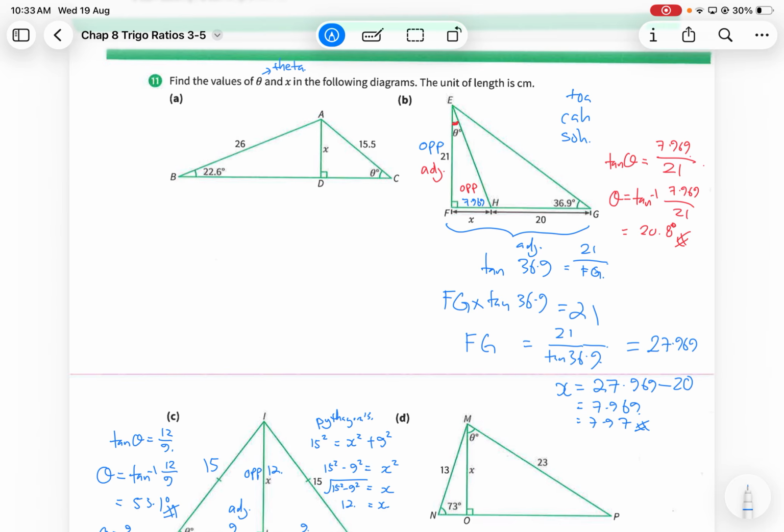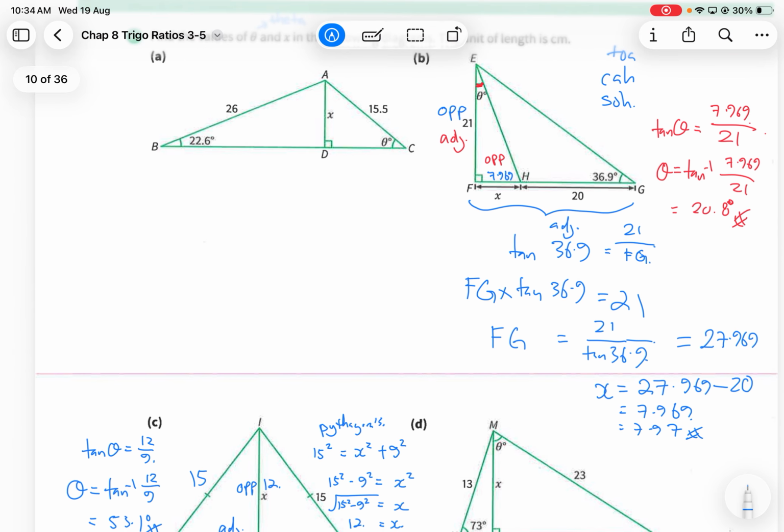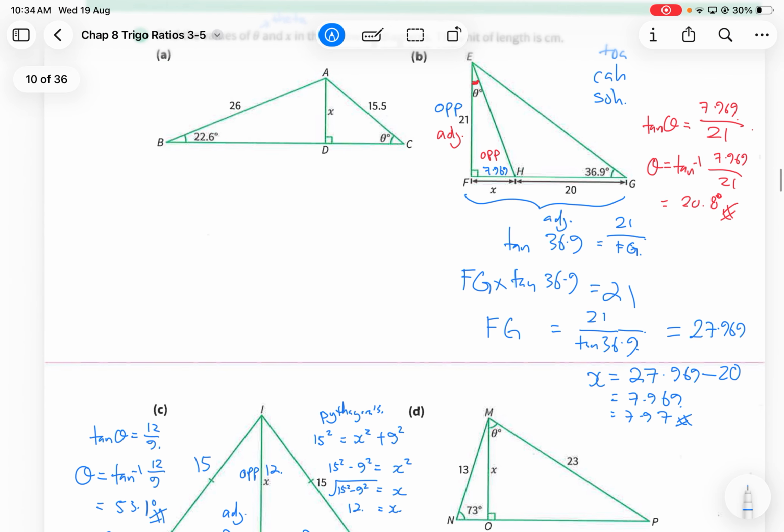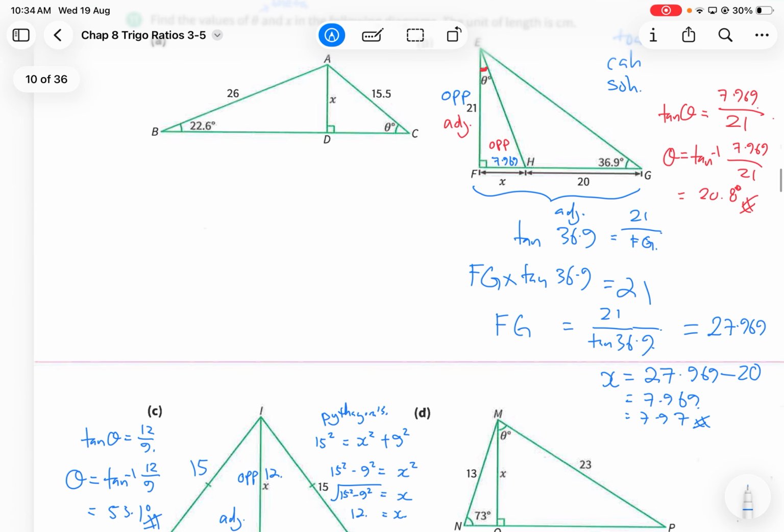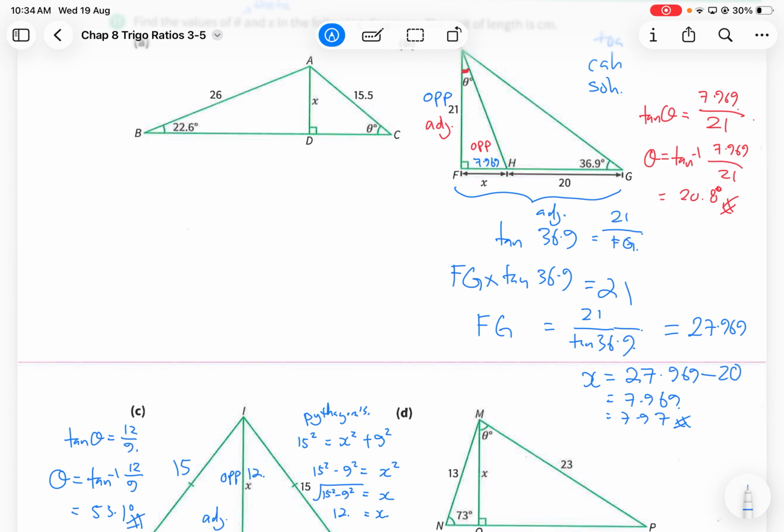Can you see the numbers? Yes. Are you trying the question?